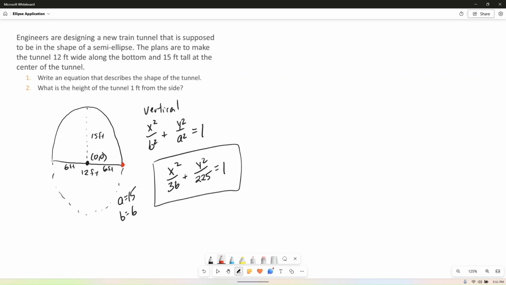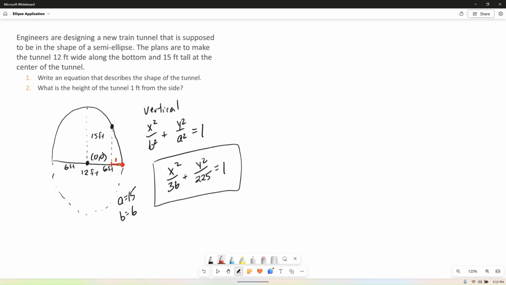If we looked at that endpoint on the right, we want to come in 1 foot. So if that's 1 foot, what is the x and the y coordinate for that point corresponding on the ellipse? Okay, so if we come in 1 foot from the outside edge, what is the height of the tunnel? So that's the vertical dimension.